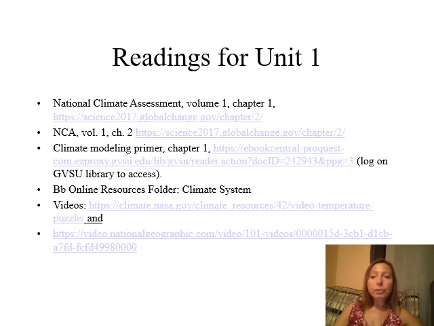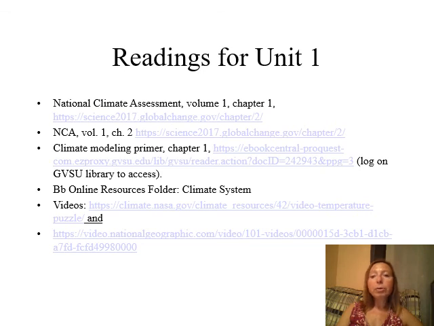The readings for Unit 1 include the National Climate Assessment Volume 1, Chapter 1, where you will find lots of information about climate change, the NCA Chapter 2, and the Climate Modeling Primer, Chapter 1. You can access the Climate Modeling Primer through the library access.